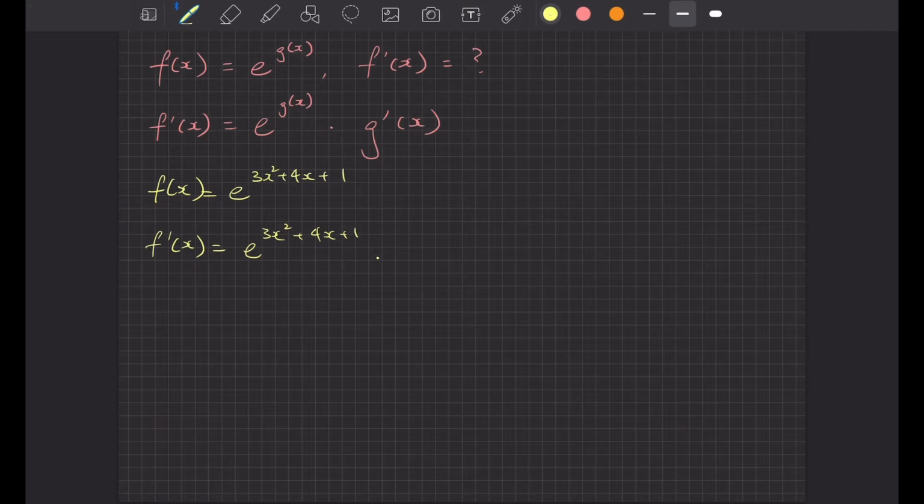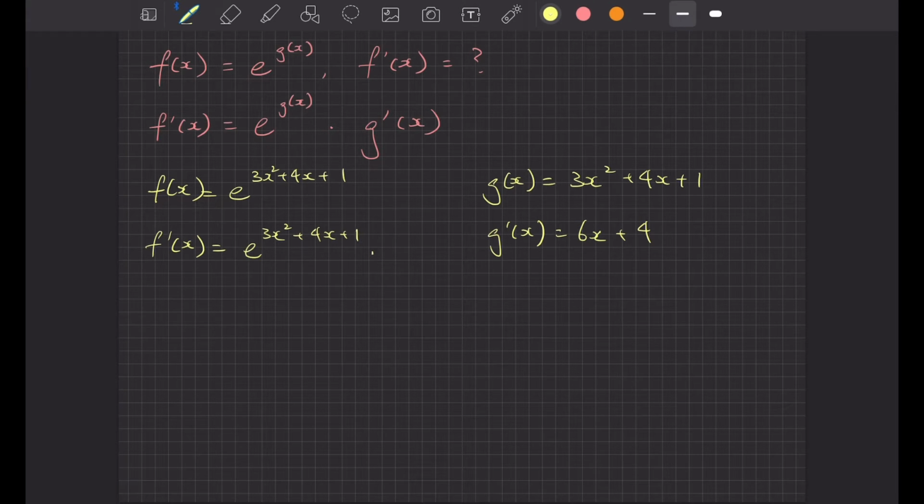Then we look at the derivative of g(x). Now we see that g(x) is equal to 3x squared plus 4x plus 1, so g'(x) would be equal to 6x plus 4.